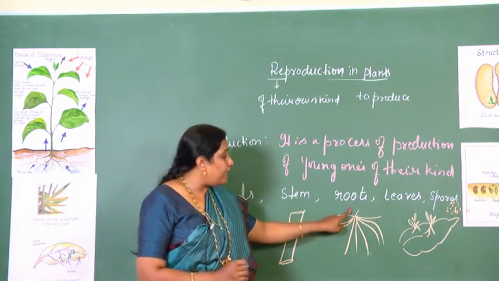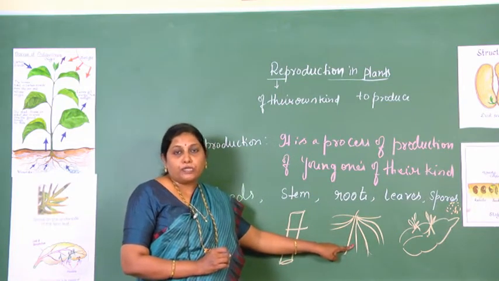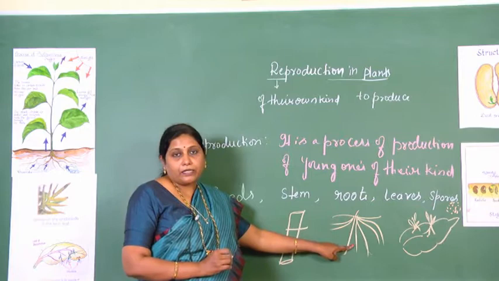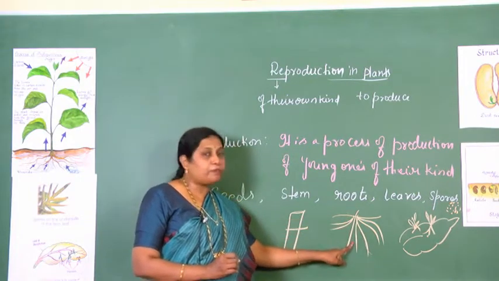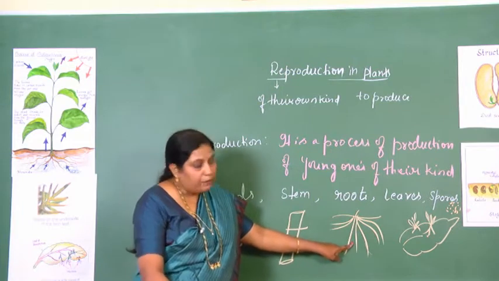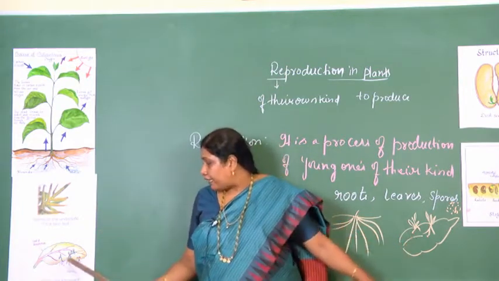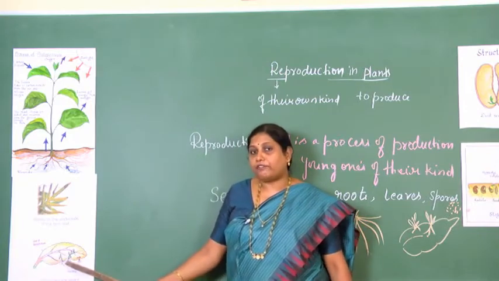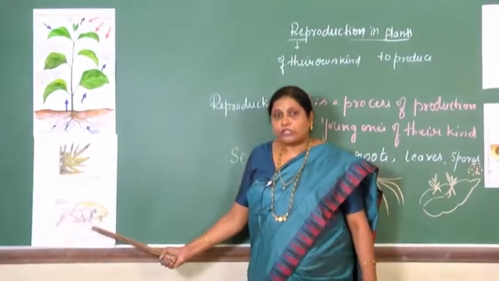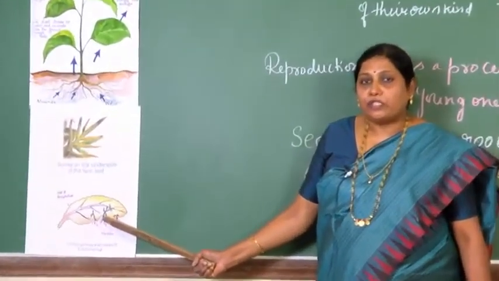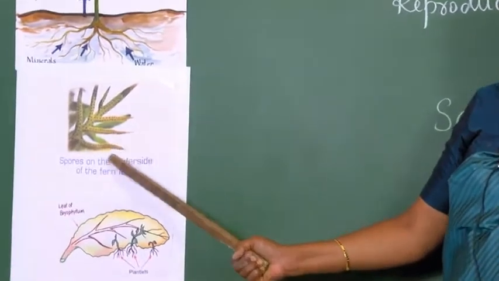Some plants from the roots, many plants like tulsi, carrot, radish, isn't it? Many plants can be grown from the roots. And similarly, some of the plants like bryophyllum can be grown from the leaves, and also from the spores, isn't it?